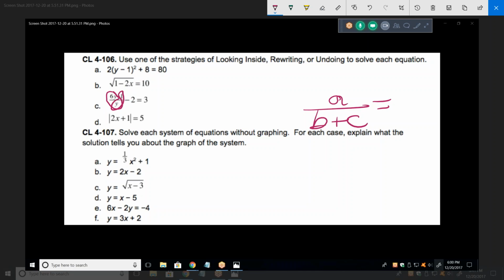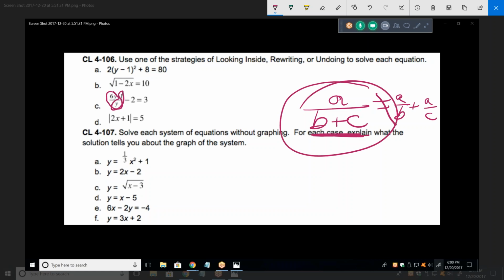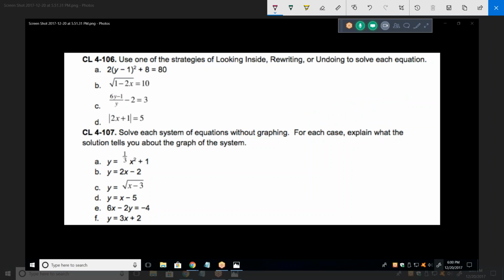I cannot split that up. That is not a over b plus a over c. That's not equal to that. In other words, you cannot do it when you have two terms in the denominator. And that's the only thing I like pointing out to people. You can do it with one term, but not with two.